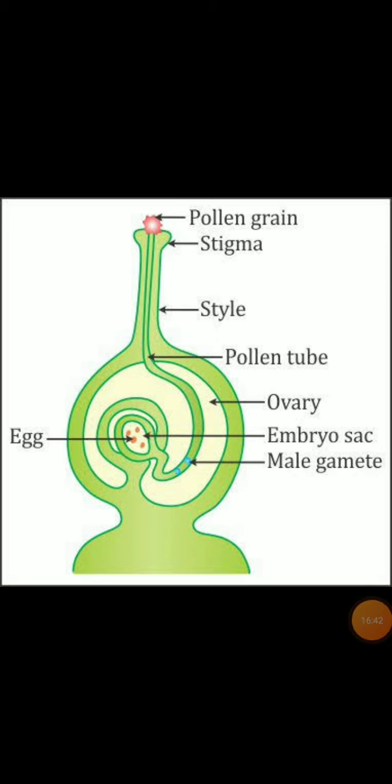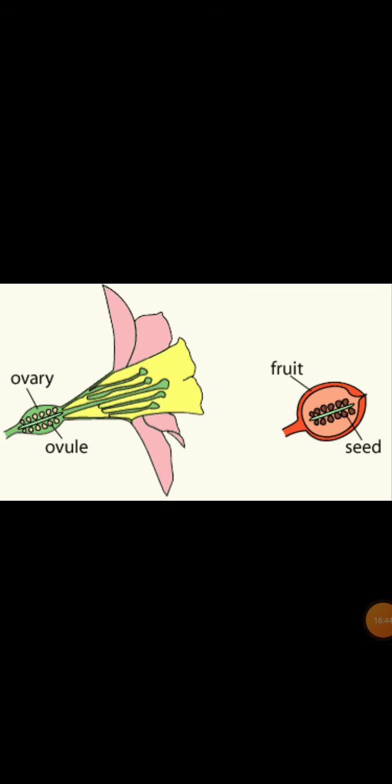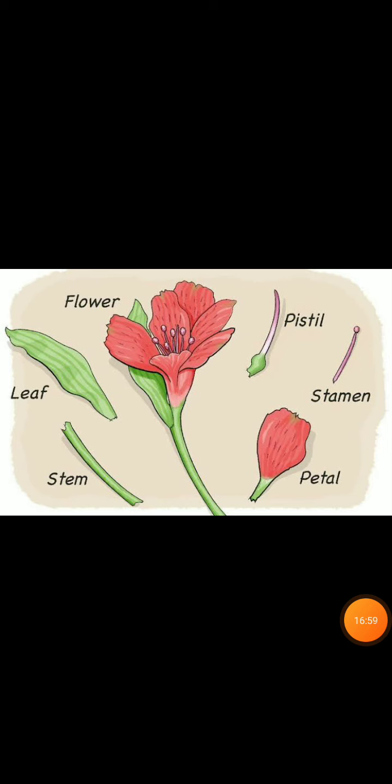As I said, the ovule develops a tough coat, which means covering, and slowly it will develop into a seed. At the same time, other parts of the flower like petals, sepals, stamen, style, and stigma may shrivel and fall off.